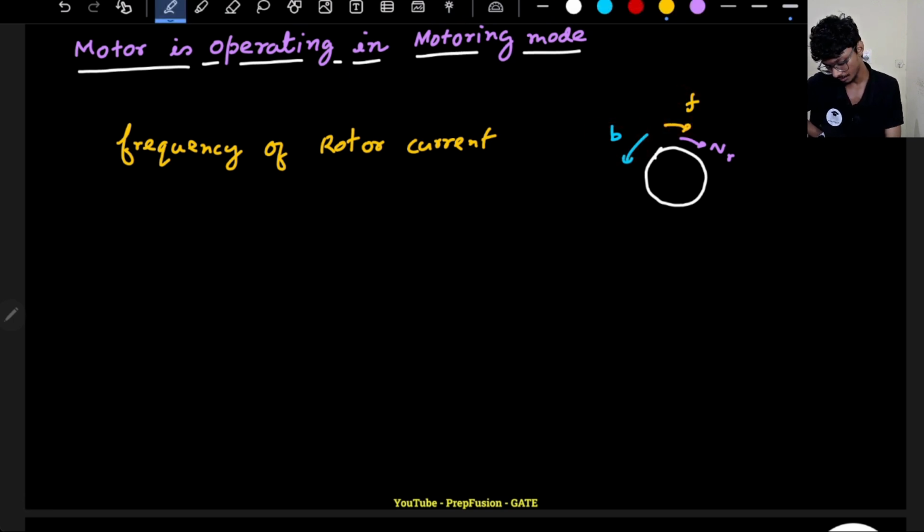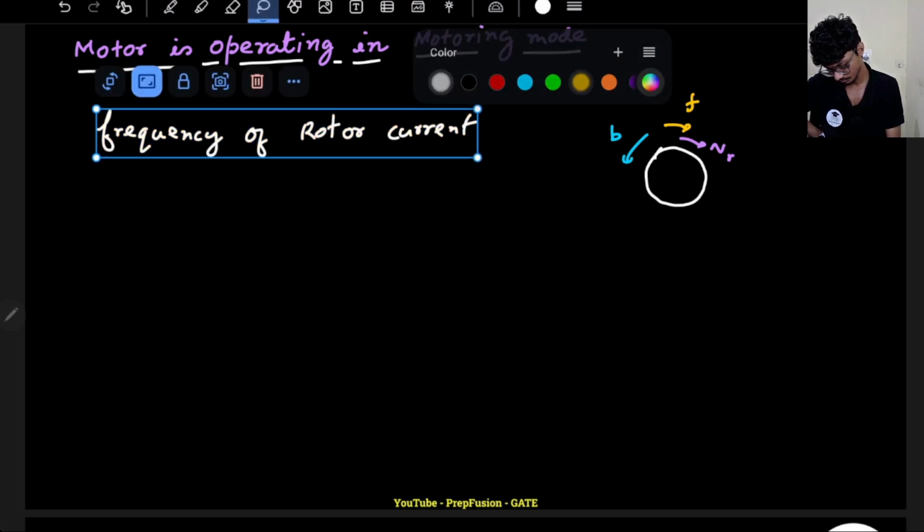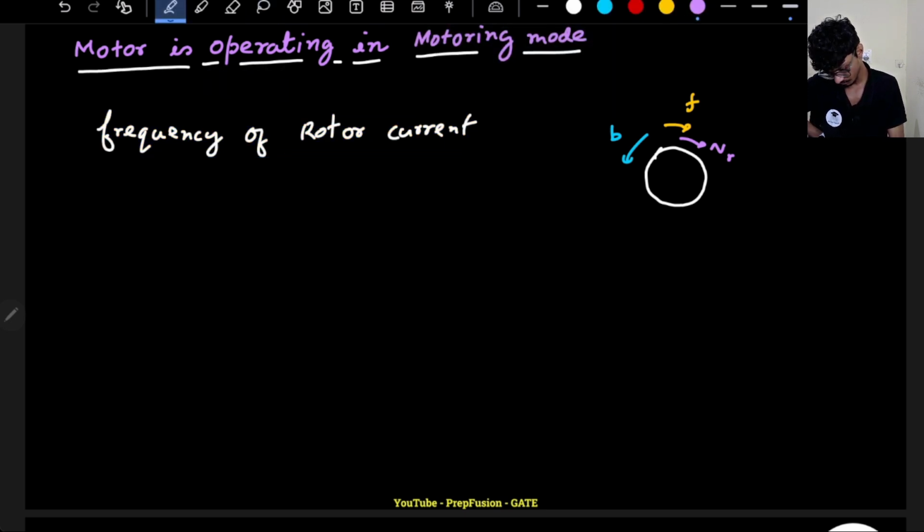So there are two components. So let us first solve for the forward field.